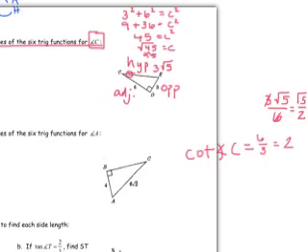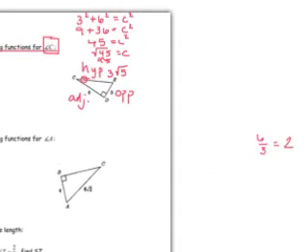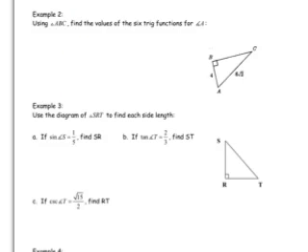Alright, so I'm going to go ahead and erase all this, so hopefully you've gotten this down by now. Alright, so we're going to do the same thing for example 2. Find the values of the 6 trig functions for angle A. So now angle A is my theta.